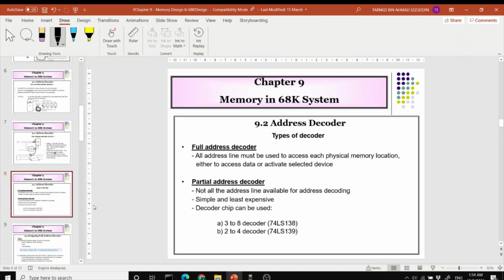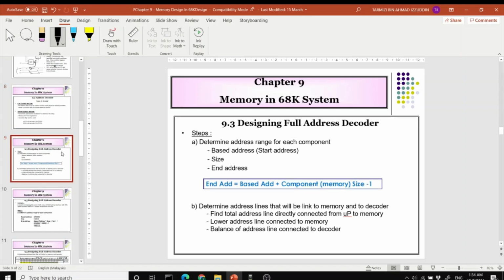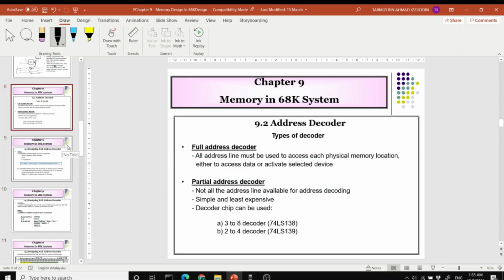Just a few address lines are enough to select which devices need to be connected to your 68K microprocessor.